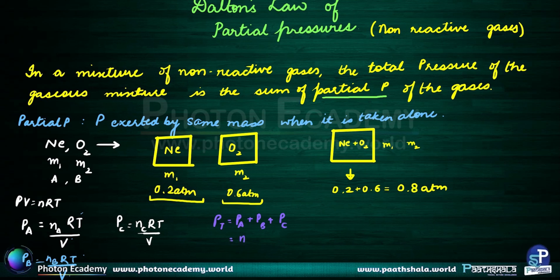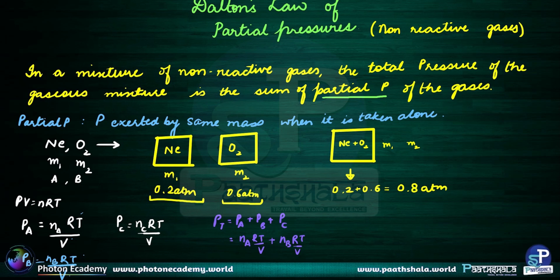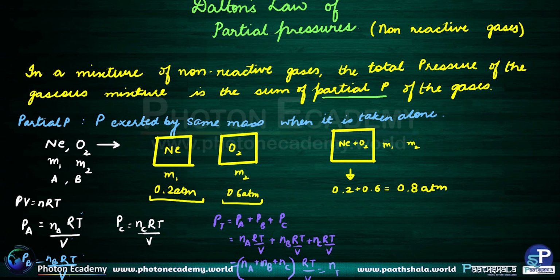Therefore, we can write it as Na times RT divided by V plus Nb times RT divided by V plus Nc times RT divided by V. And therefore, it can be written as (Na plus Nb plus Nc) times RT divided by V. That is the total number of moles times RT divided by V. If we had to write the total pressure, we would have written it this way only, the number of moles times RT divided by V.